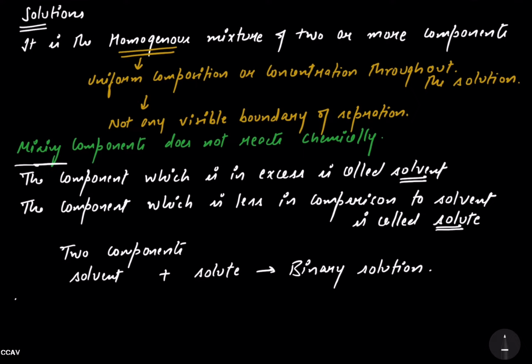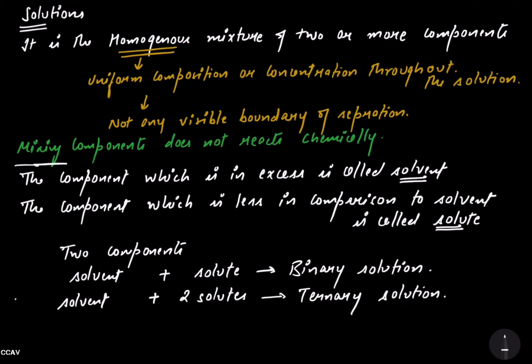So that's why we call it a binary solution. Now I am taking a solvent plus two solutes. The solvent remains only one, but solutes can be of two different types. So in total we have three components, one solvent and two solutes, and we call it a ternary solution.